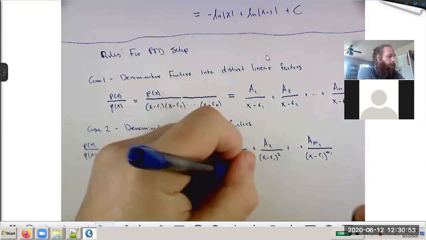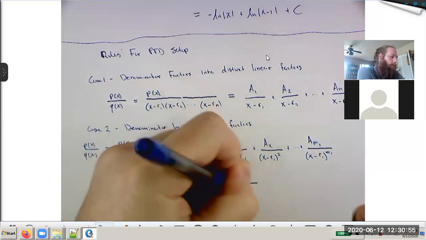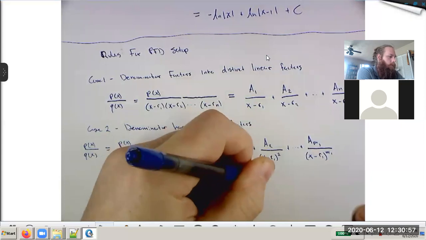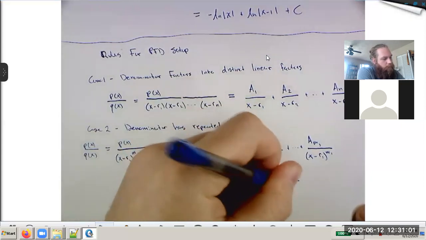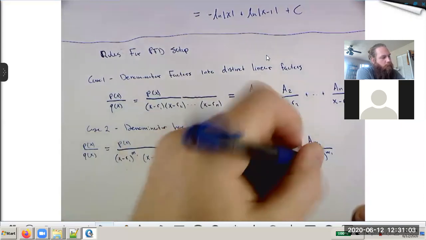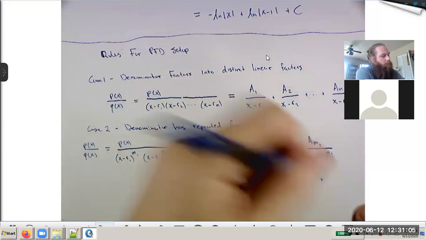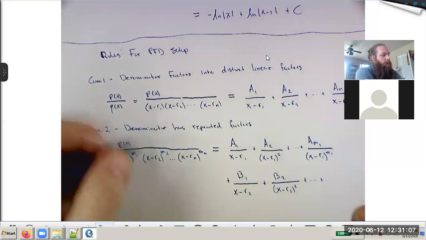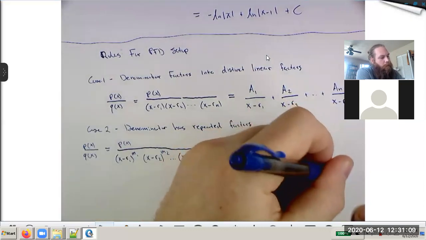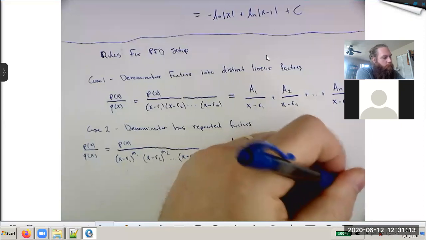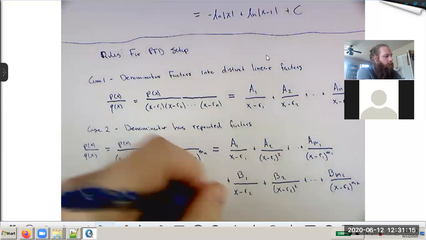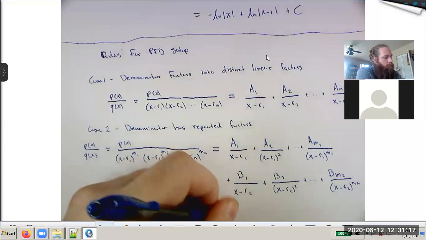Then I would have something like B1 over x minus r2 plus B2 over x minus r2 squared. And I have to build all the way up to whatever this power is with these guys. So that would be B sub m2 over x minus r2 to the m2. And you have to do this for every single factor.